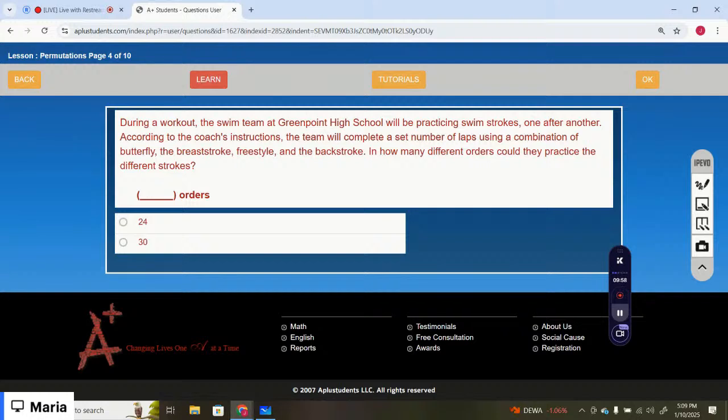During a workout, the swim team at Greenpoint High School will be practicing swim strokes one after another. According to the coach's instruction, the team will complete a set number of laps using a combination of the butterfly, the breaststroke, freestyle, and backstroke. In how many different orders could they practice the different strokes? So, which is the correct option?